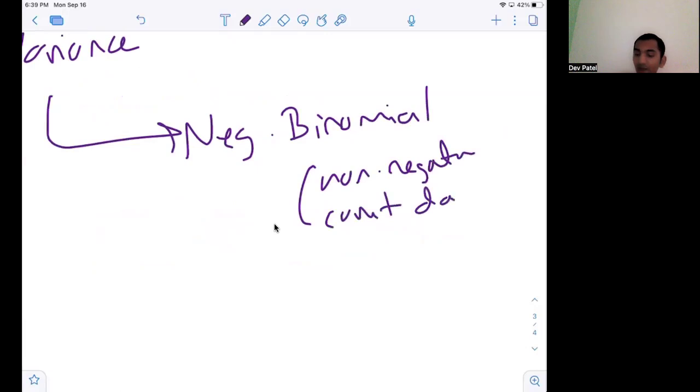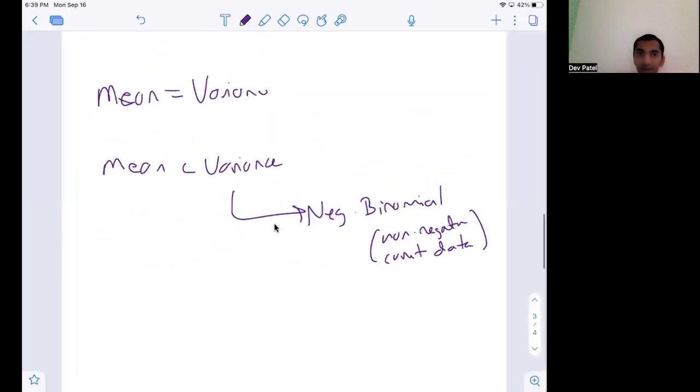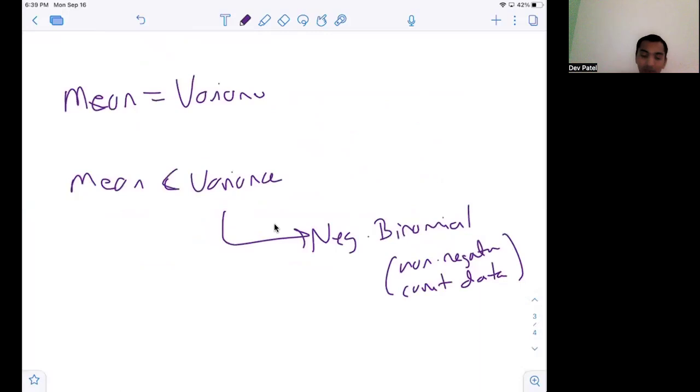Whenever the assumption that the mean equals the variance is not met, and you think the mean is actually less than the variance, you want to use negative binomial.